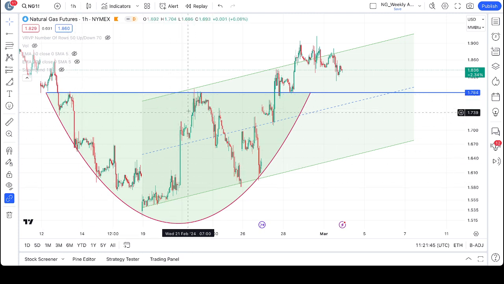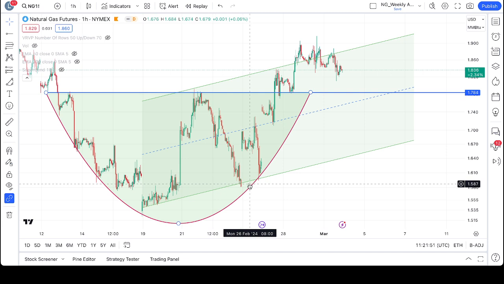They try to break out here, back to the 1.58 zone, and then again coming back here it is broken out.